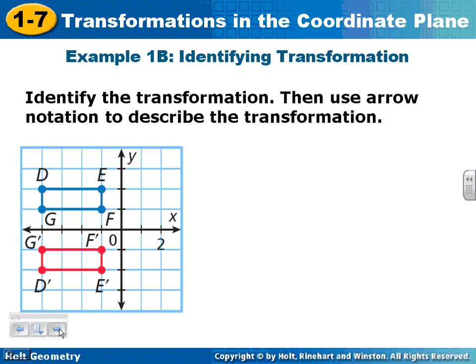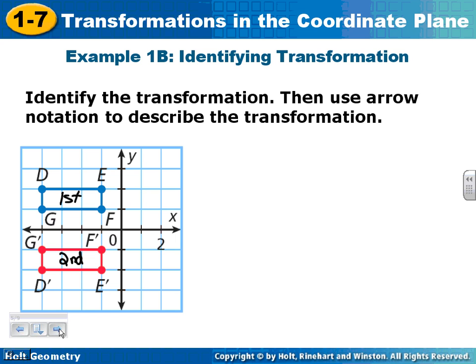Let's look at the next one. Identify the transformation. Use the arrow notation to describe the transformation. Again, my choices are reflection, rotation, translation. It looks like I'm going again from the blue to the red. So this is really my first one, and this is my second one. So pre-image to image.